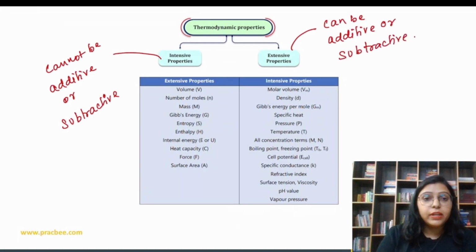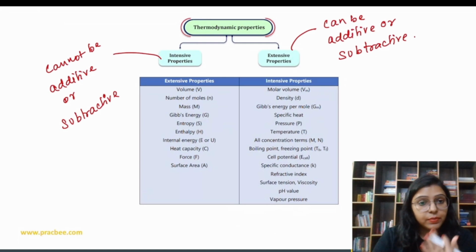How to identify intensive properties? Intensive properties are those where the number of moles is fixed, like molar volume, Gibbs free energy per mole, pressure, temperature, and all the concentration terms where the amount of solute is fixed, like molarity, normality, boiling point, freezing point. If we have some kind of constant like refractive index, pH, vapor pressure, these are all intensive properties.